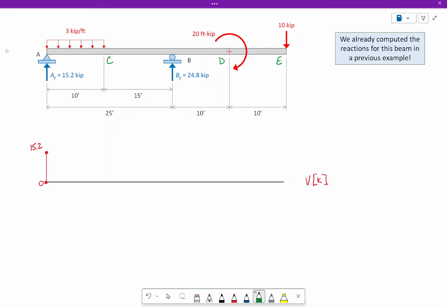So what's going to happen between A and C? Goes down 30, right? So if I'm at 15.2, I go down 30, what's that put me at? Negative 14.8. So it looks something about like this. Maybe something about like that.